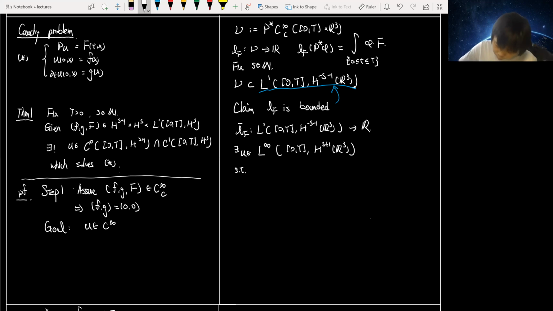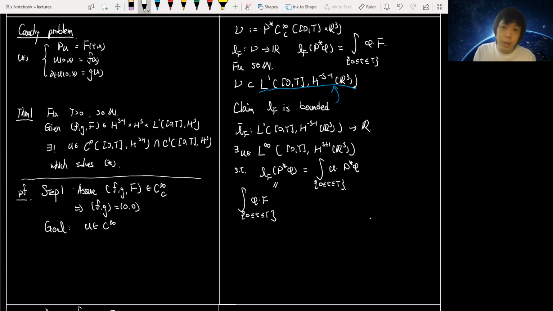Such that LF of P star phi is simply U times phi. And this is defined to be the integral of phi times F. So U times P star phi. In other words, U is a weak solution.